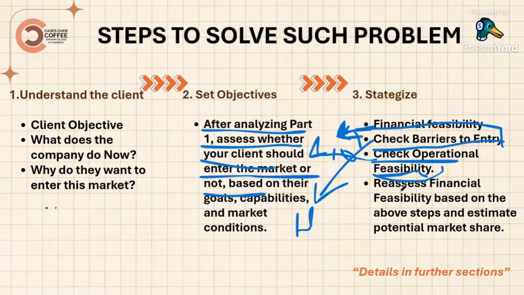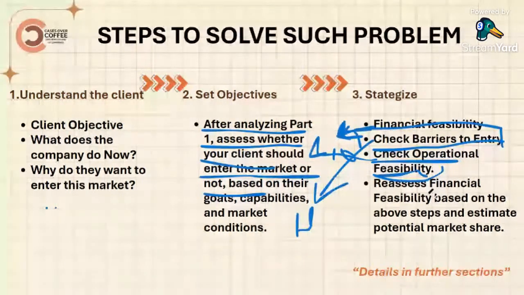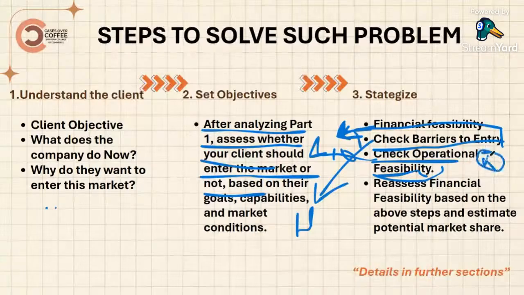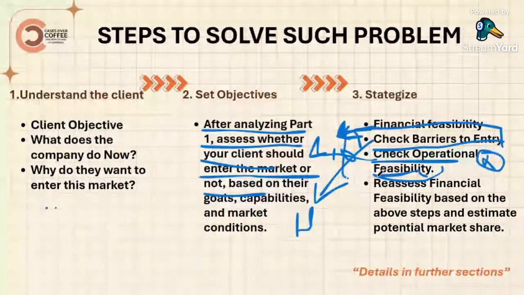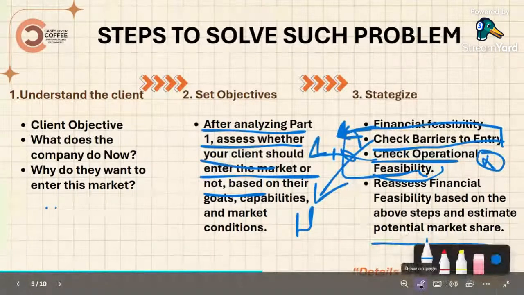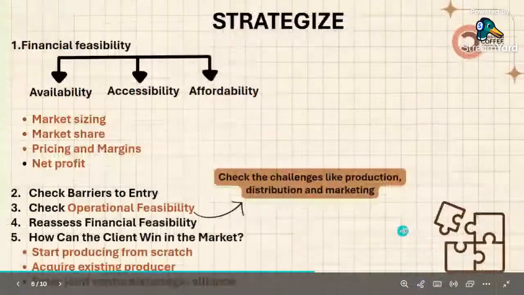And if in this step we come to a conclusion that we cannot do this, then we reassess this entire thing, and then we come to a conclusion and estimate the potential market share we may gain. I'll be discussing this in detail in the upcoming slide.